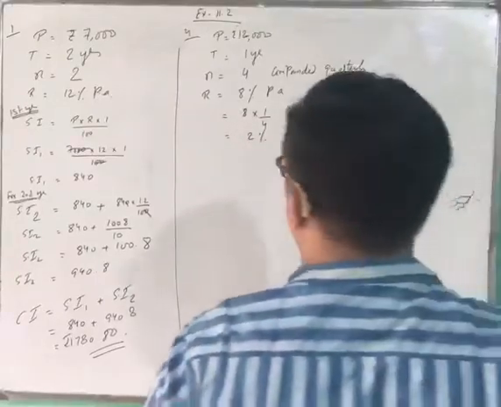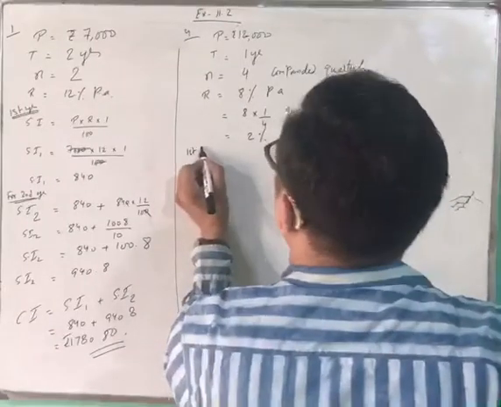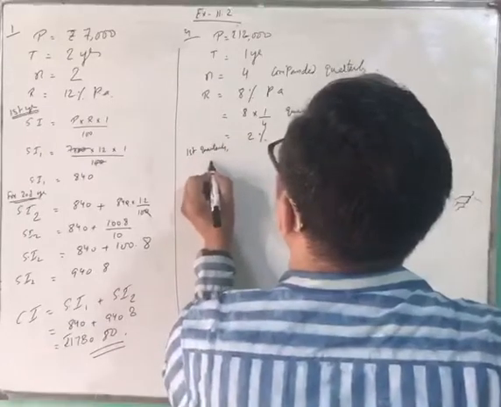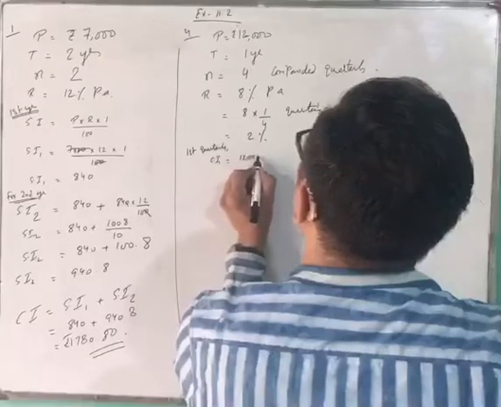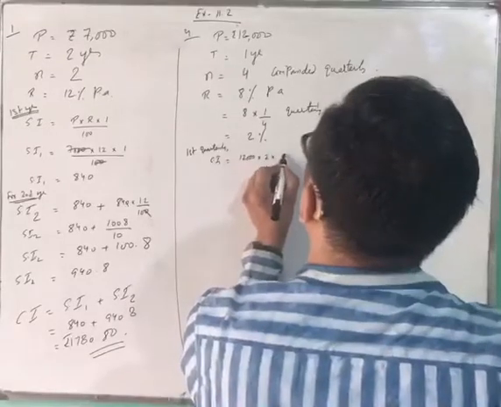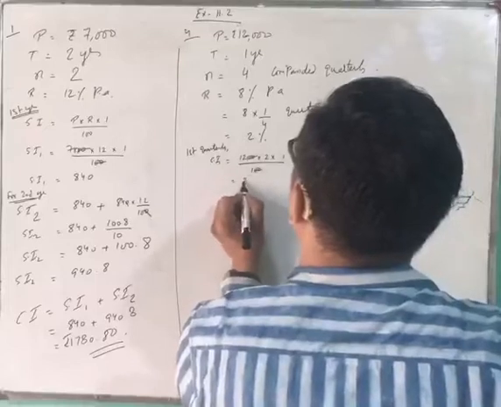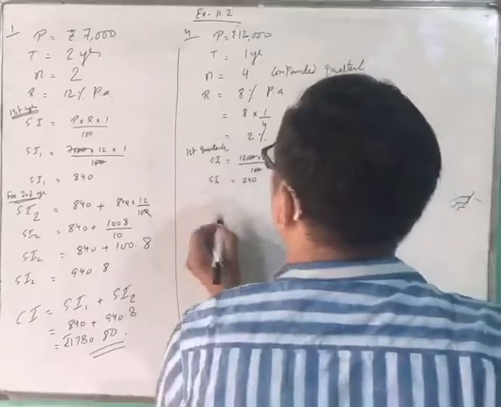Now for the first quarter, simple interest is P into R into T by 100. This means you get 240 as the first simple interest.